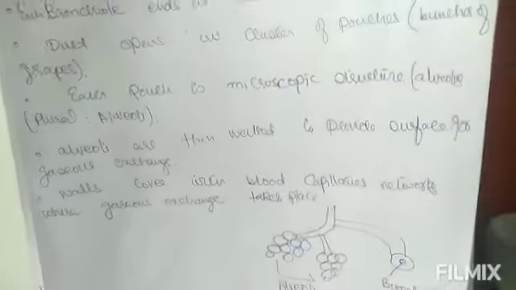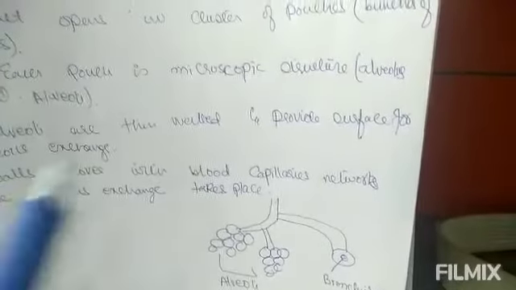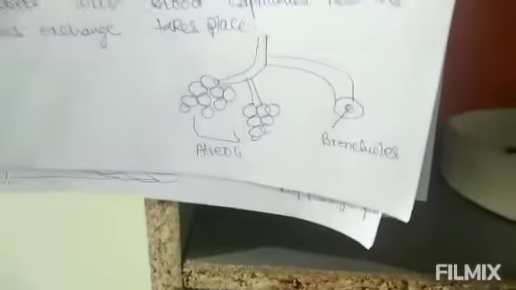Their walls are covered with blood capillary networks where the exchange of carbon dioxide and oxygen takes place. In the human respiratory system, oxygen enters the alveoli from the environment, and carbon dioxide is released from the blood capillaries, so there is an exchange between the alveoli and the blood.